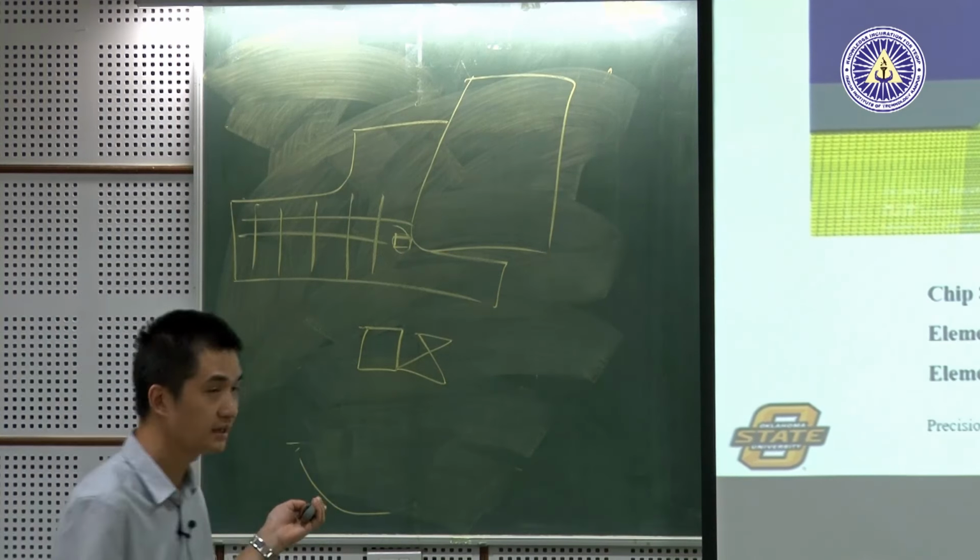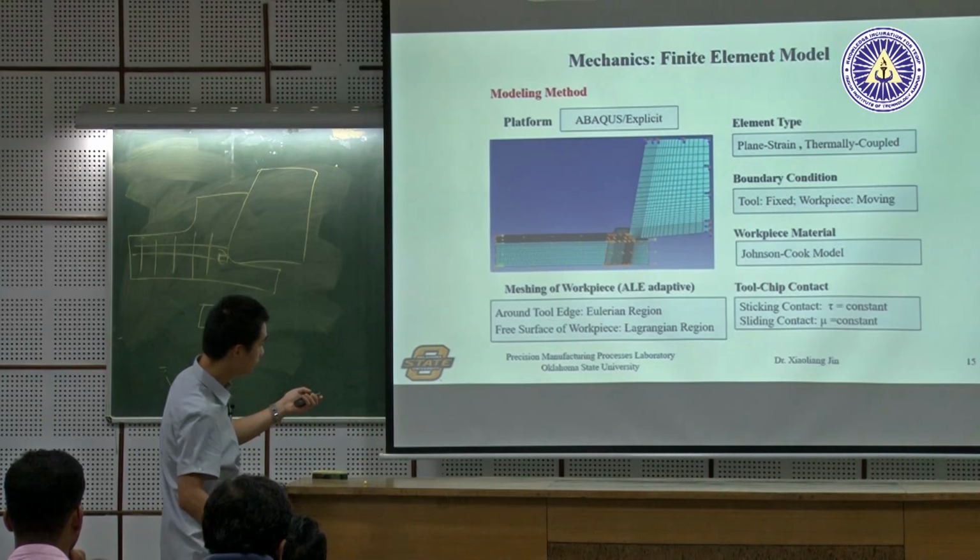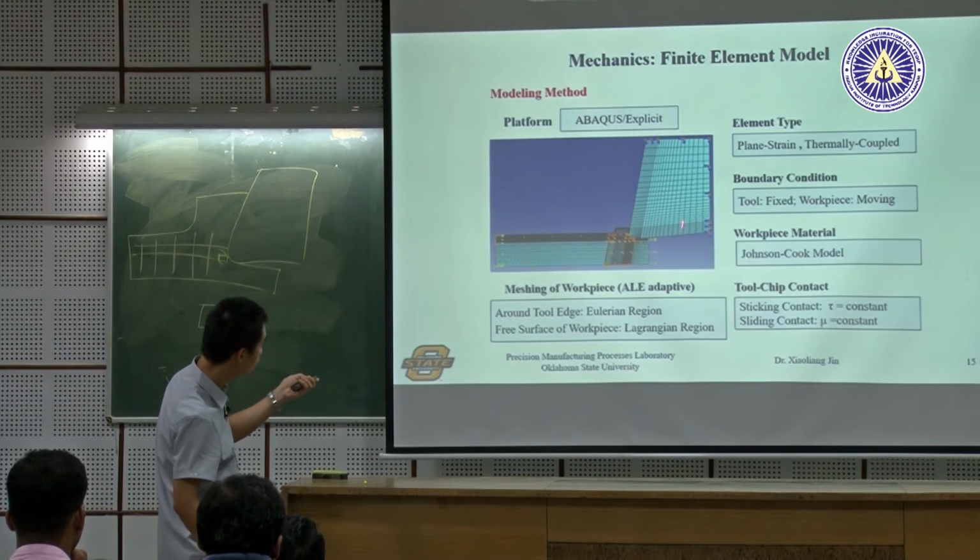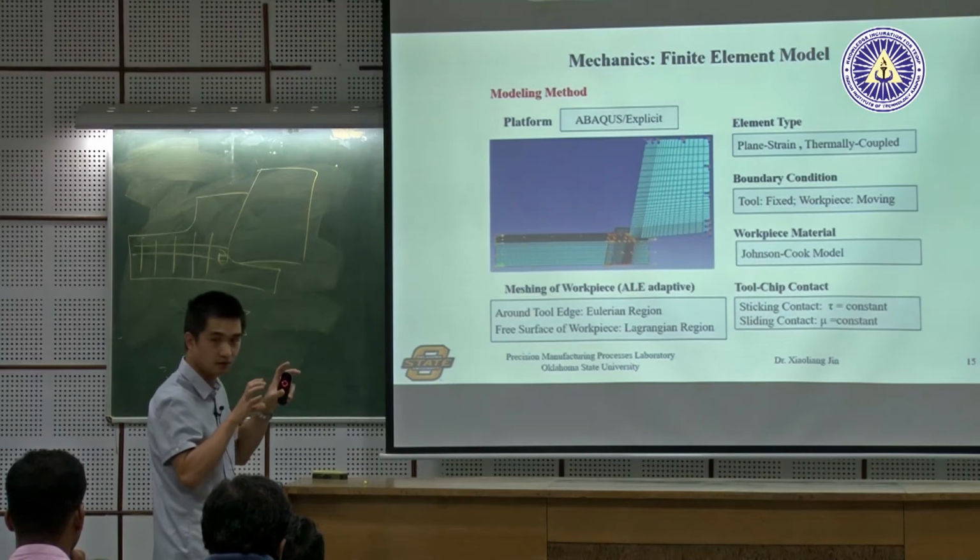So in Abaqus, we can use different meshing strategies. Here we call them two meshing strategies. One is called Lagrange, the second one is Eulerian. Basically, there are two topologies in this process: one is the mesh, the other is the material. In Lagrange deformation, the material is always fixed with the mesh.